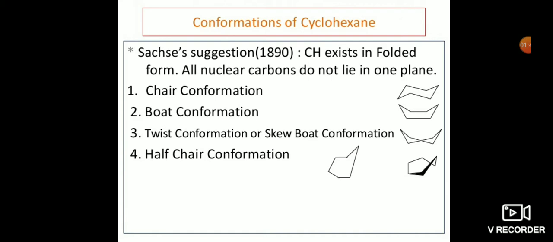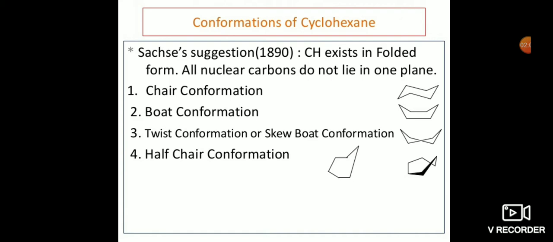Number 1 is chair conformation, number 2 is boat conformation, number 3 is twist conformation or skew boat conformation, and number 4 is half chair conformation. Here you can see them all. The names are given according to their shape.